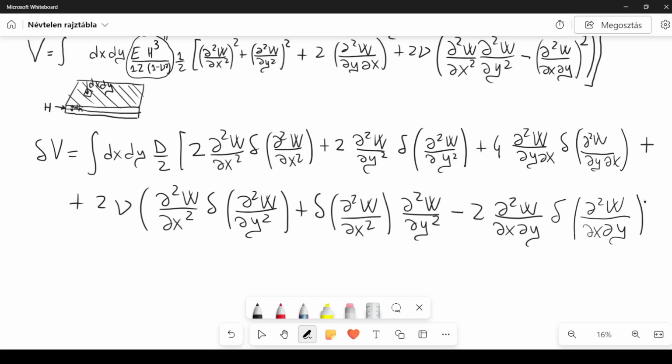So we close this bracket from here, and then we also have to close the square bracket.